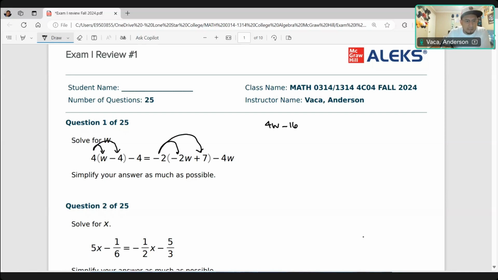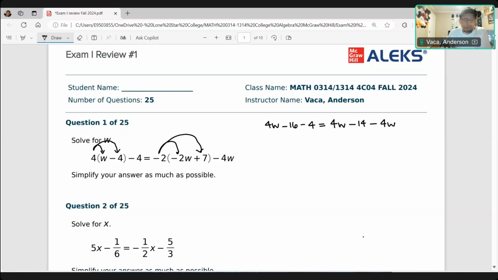And then we have a -4. That's equal to negative times a negative is positive. 2 times 2 is 4. So we have 4W. -2 times minus 14.